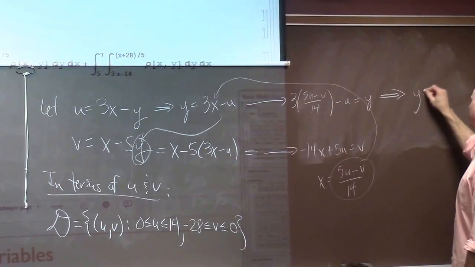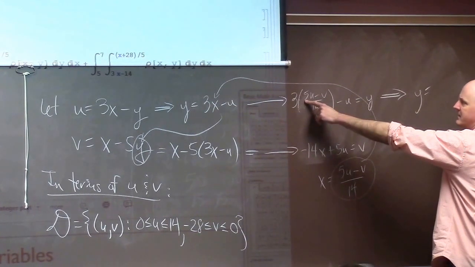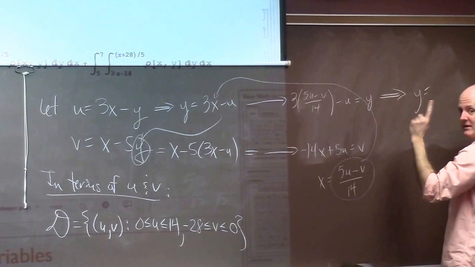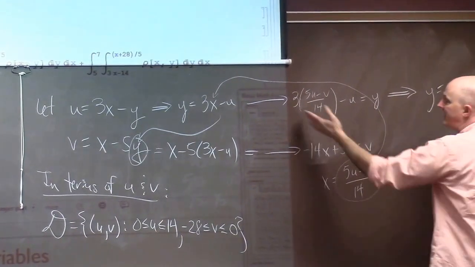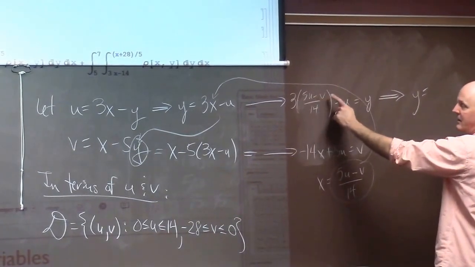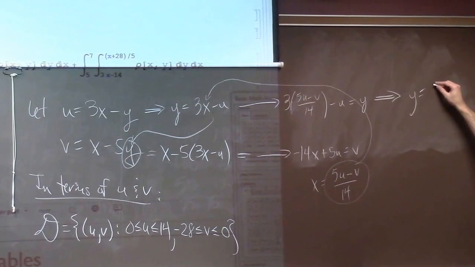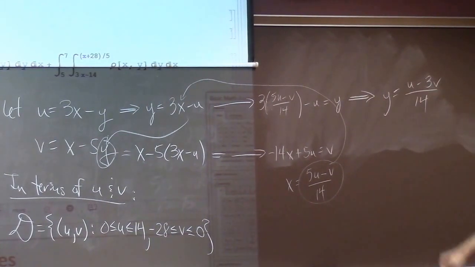Simplify that. For the u, you're going to get 3 times 5 is 15, 15/14 u, minus 1 times u is 1/14 u. And for v, you're going to get negative 3v over 14. Looks to me like you can write this as (u minus 3v) over 14.